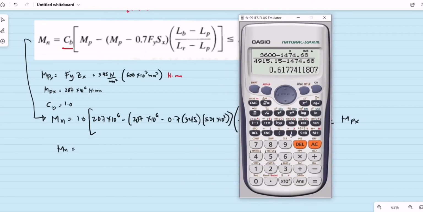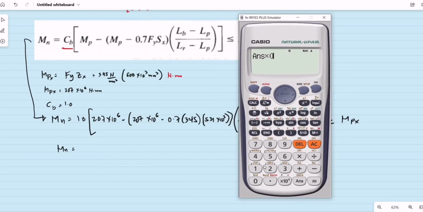And then this value to be multiplied by the quantity of 207 times 10 raised to 6 minus the 0.7 of 345 multiplied by 531 times 10 raised to 3. And then this value to be subtracted from 207 times 10 raised to 6.